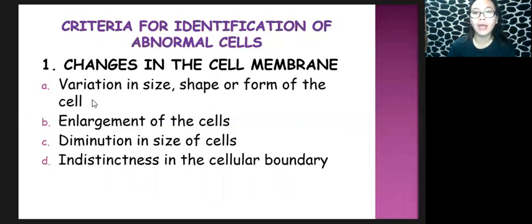So you would not be able to tell which one is the cell membrane or the cell boundary of your cells, which one is the membrane that should have enclosed your cell, especially if they are present in aggregates or in clumps. It's difficult for us to observe the cell membrane of your cells.